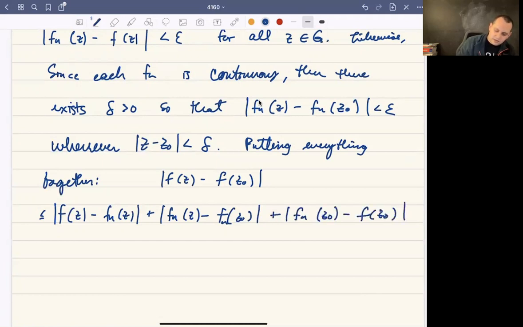So again, applying the triangle inequality, adding in 0 twice, just being creative about this. And this is going to be less than epsilon over 3, this is going to be less than epsilon over 3, and this is going to be less than epsilon over 3.